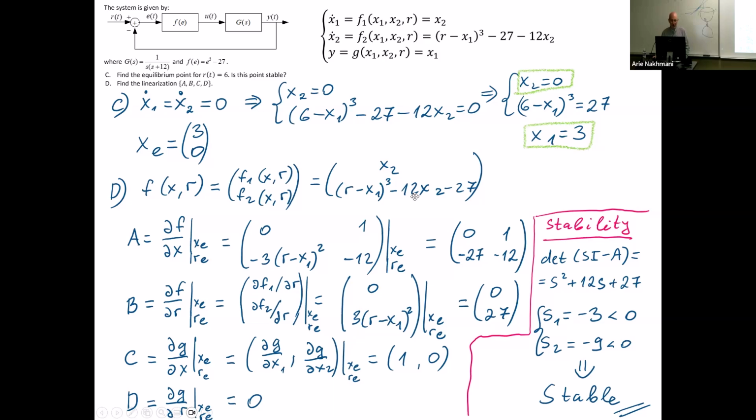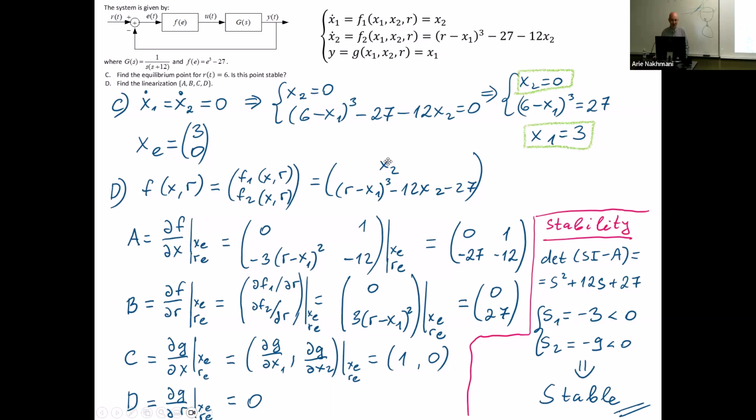If you make the derivative with regard to x1 of this thing, it is 0, obviously, because it's not a function of x1. The only thing which is related to x2 here is negative 12, so you have that negative 12 coefficient here. And when you substitute x equilibrium and r equilibrium, instead of r and x1, you get that matrix.